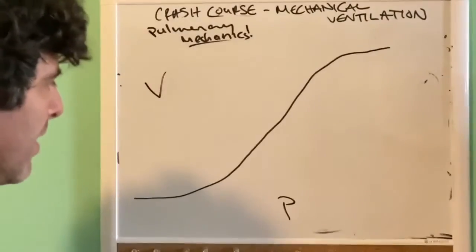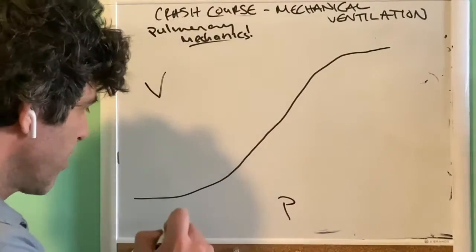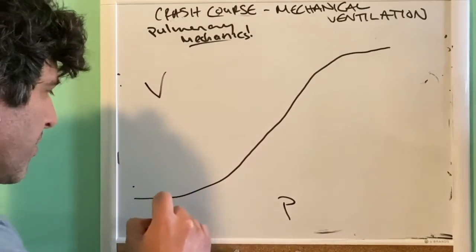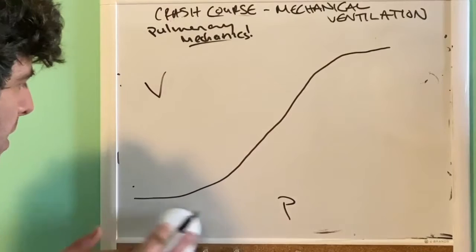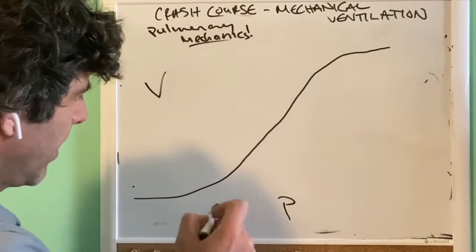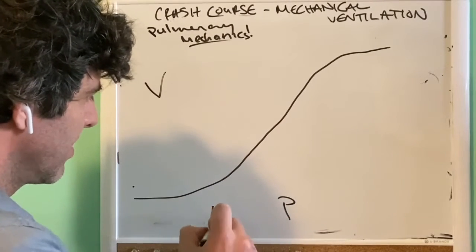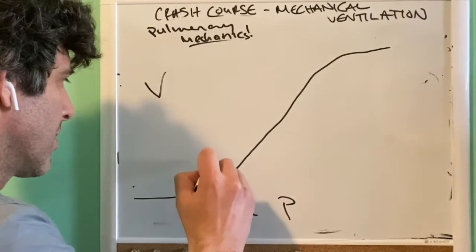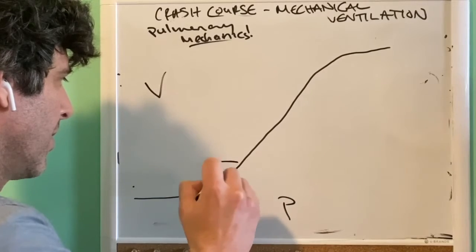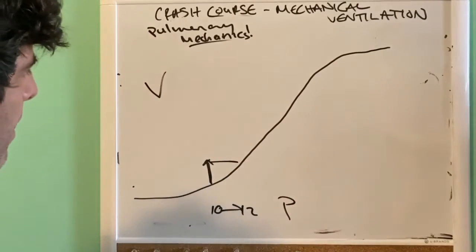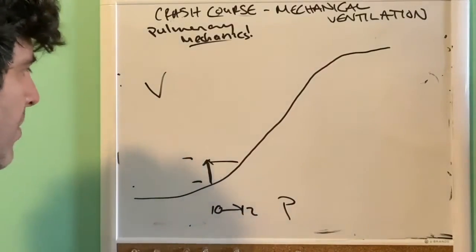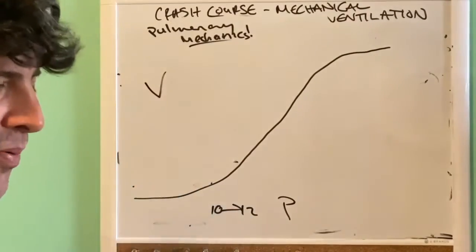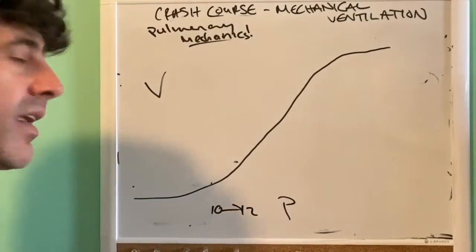And what does this mean? This means that as you increase pressure, you get an increase in volume. Let's just say for intents and purposes, this is 10 and this is 12, and you go here, then you get an increase in volume from here to here. This is a natural property of everyone's lung at any given time.